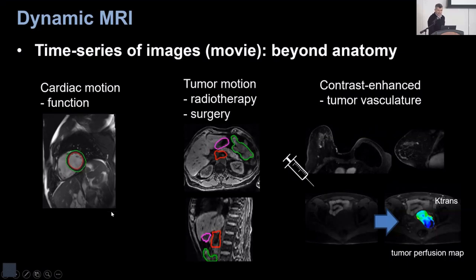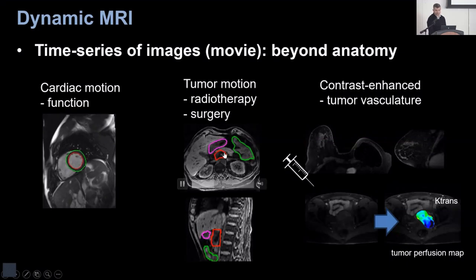Popular examples are this movie showing cardiac motion, which has become a clinical standard to assess cardiac function. Another one getting a lot of popularity now is to image tumor motion and also the neighborhood of the motion.